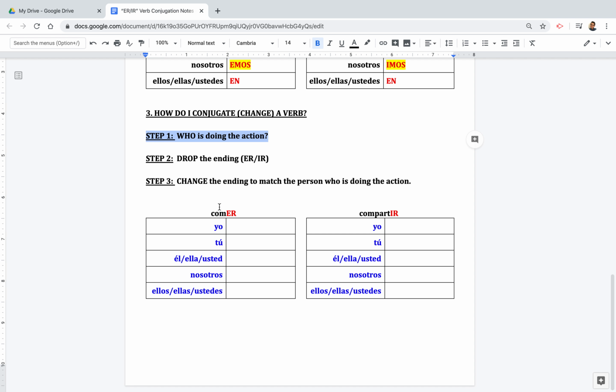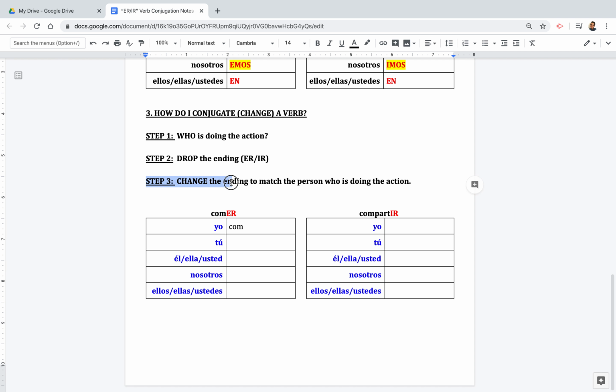That is step one. So here, I know that yo, or I, is doing the action. Step two tells me to drop the ending. In this case, the ending is ER. So I'm going to go ahead and drop that ending, and I'm left with com. So I'm going to write com.